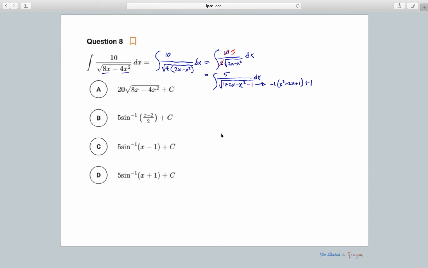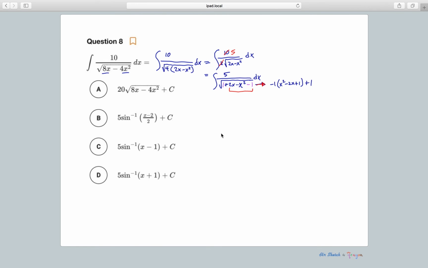So here's what I'm going to do slightly differently. I'm still adding 1 and subtracting 1. I'm going to focus on this trinomial, and I'm going to factor a negative 1 out of there to make it this situation.